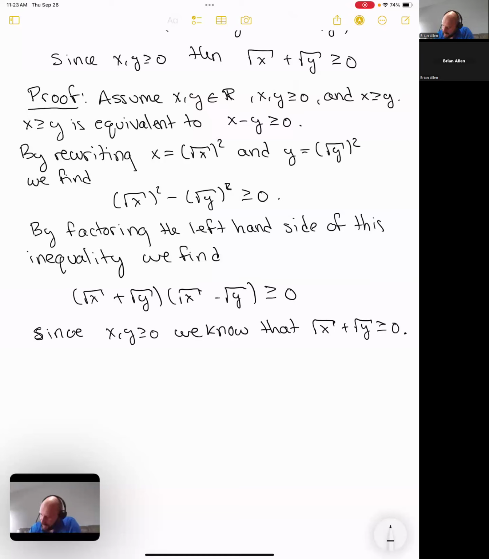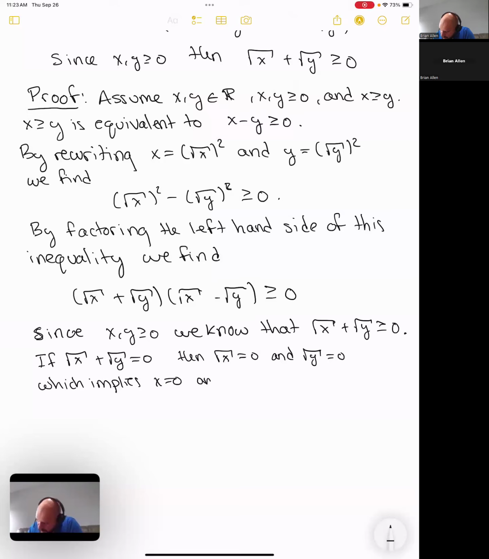So we just want to notice that if square root of x plus square root of y is equal to 0, the only way that can happen if you sum two non-negative numbers and get 0, they both must be 0. So then square root of x equals 0 and square root of y equals 0, which implies x equals 0 and y equals 0.